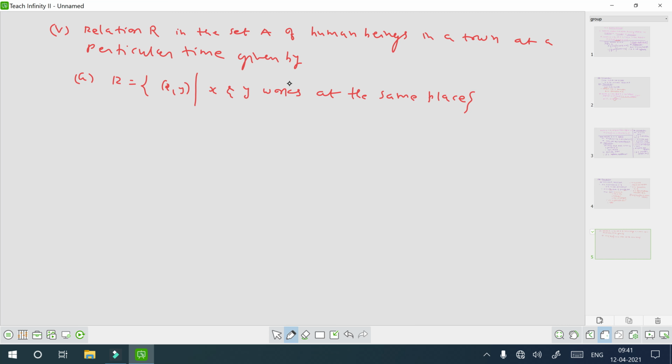Then we have to check all these three possibilities, whether reflexive, symmetric or transitive. First part, what is reflexivity?